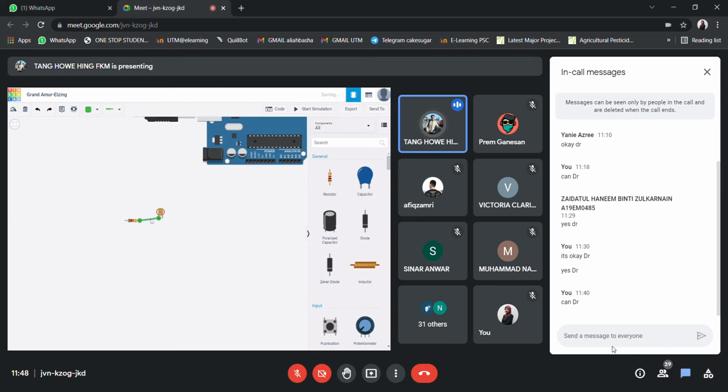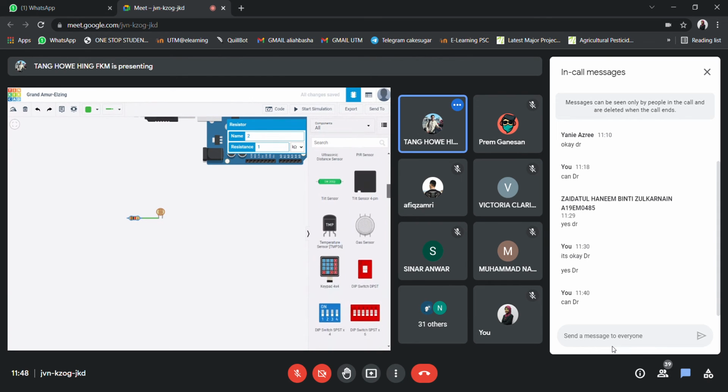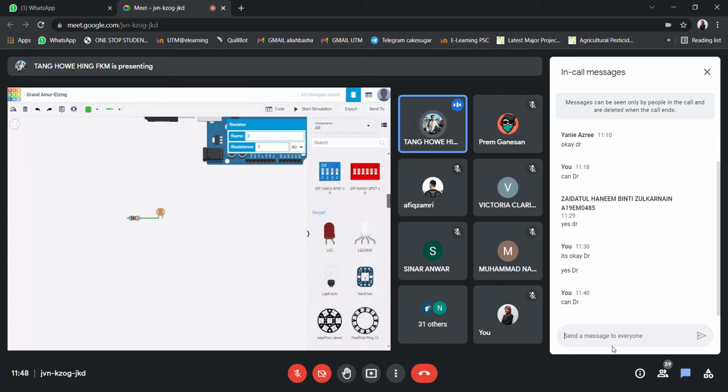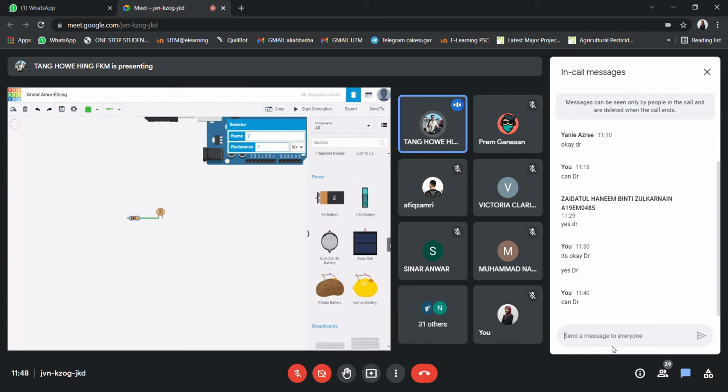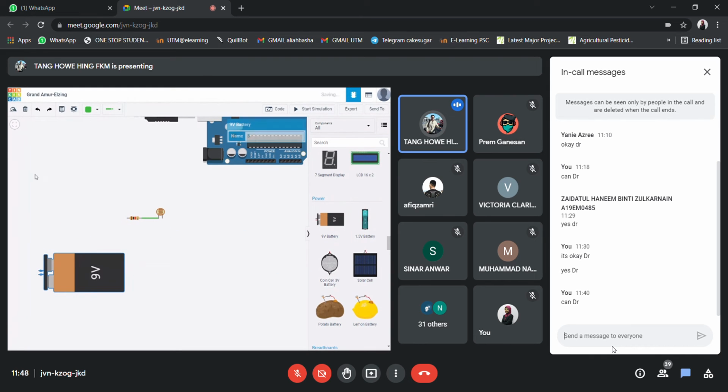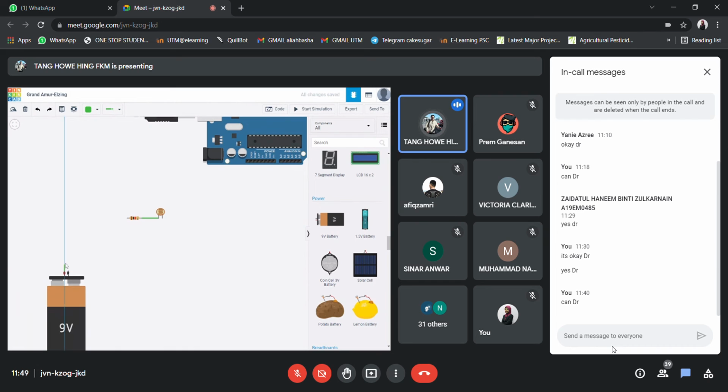All right, so I have these resistors, and I connect them in series, and I have a battery, with the positive connected here.